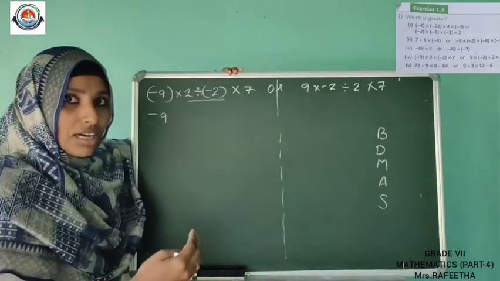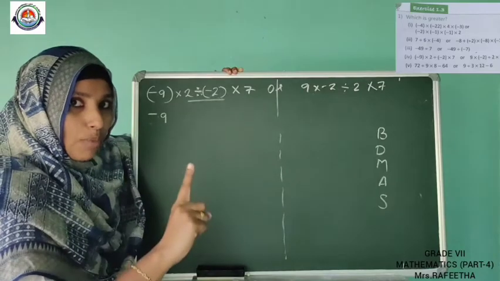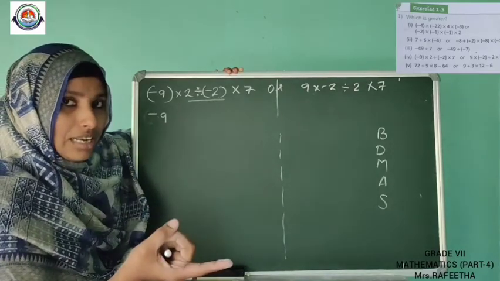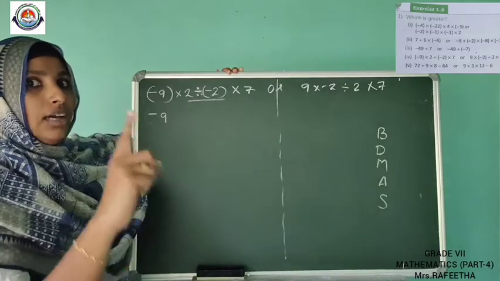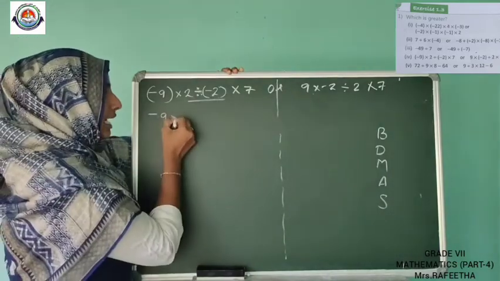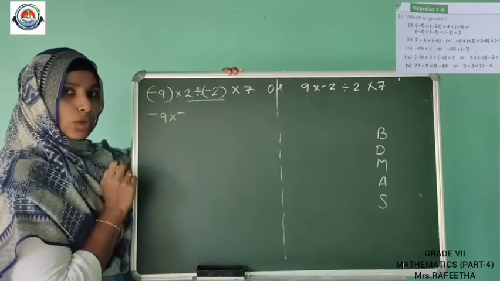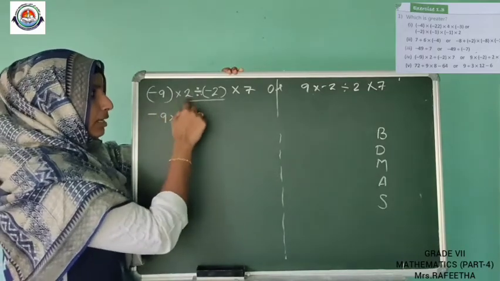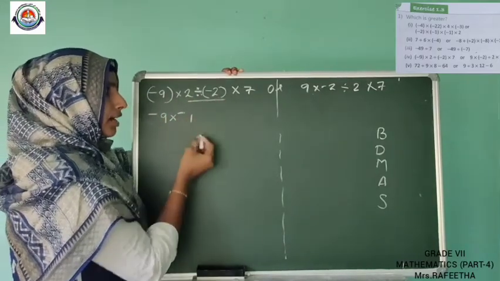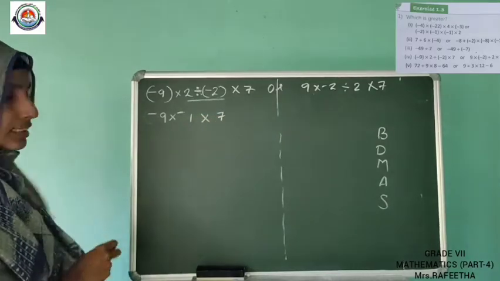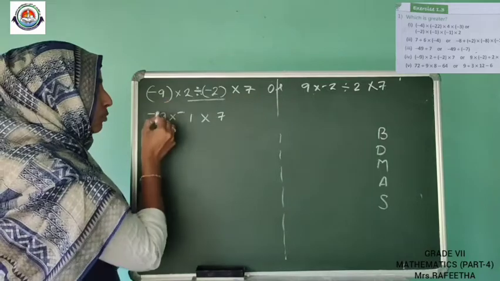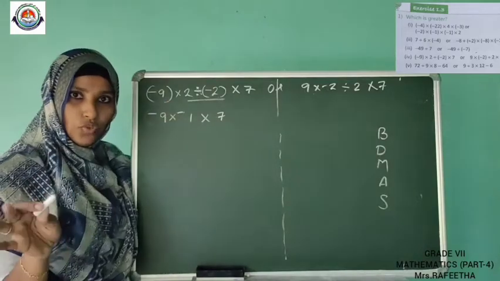If division is there for integers, if one is positive and the next is negative, what will be the sign of the answer? Yeah, the sign of the answer will be negative. Okay. So here, 2 divided by 2 is 1. The remaining steps we have right there. Once again I am telling this. First removing the bracket. I have removed.